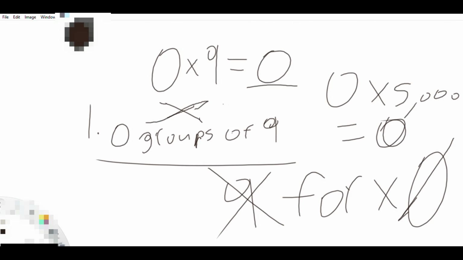So for this, same as 0 times 9, the reason why it's 0 is there's no 5,000s. There's 0 5,000. If there's 1 times 5,000, that's 1 times as many as 5,000, which is 5,000.